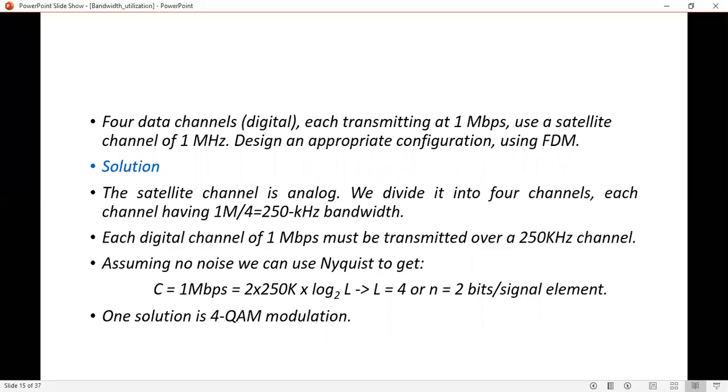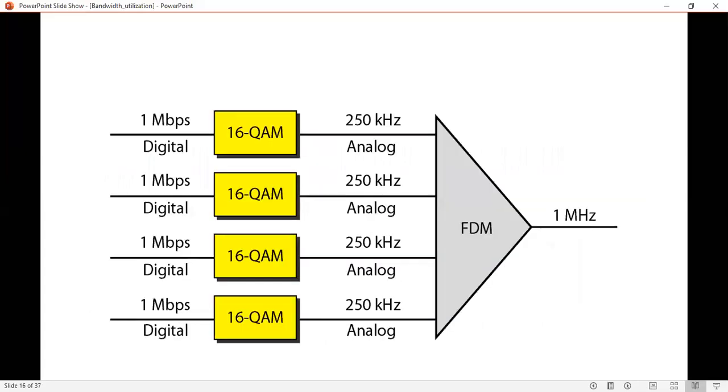That means you have 4 channels, each with 1 Mbps, and you have to multiplex them into a 1 megahertz transmission link. See this figure to understand the solution.